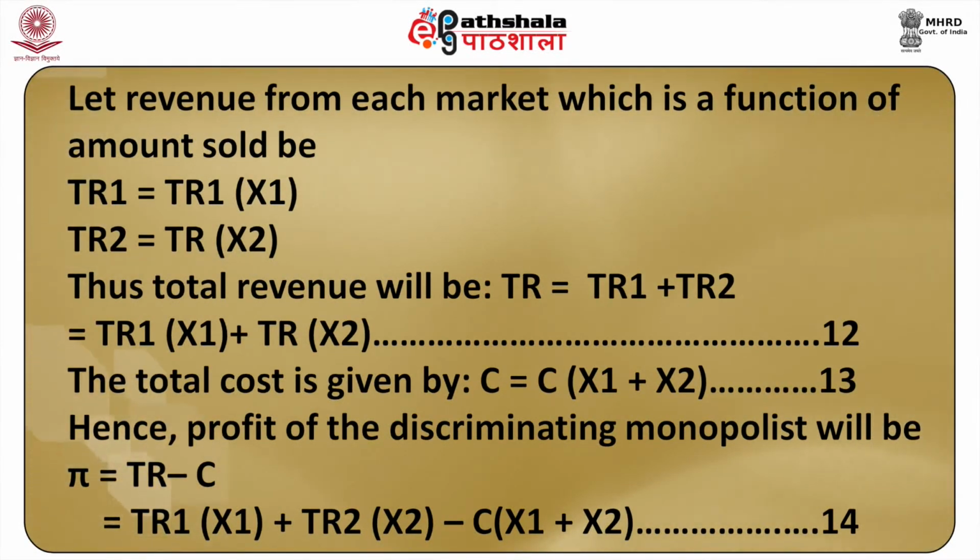The total cost is given by C = C(x1 + x2). Hence, profit of the discriminating monopoly will be pi = TR minus C, which is equal to TR1(x1) + TR2(x2) - C(x1 + x2).